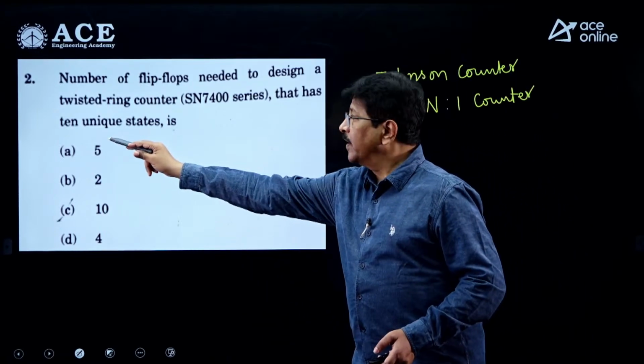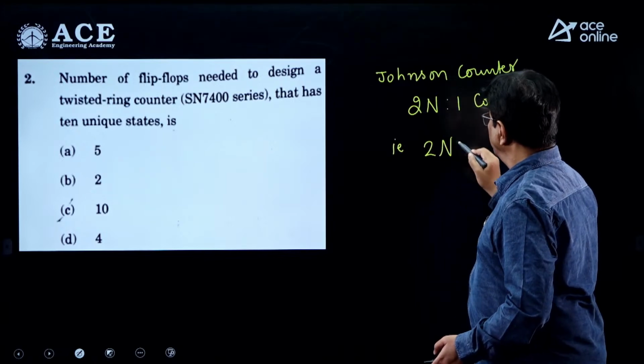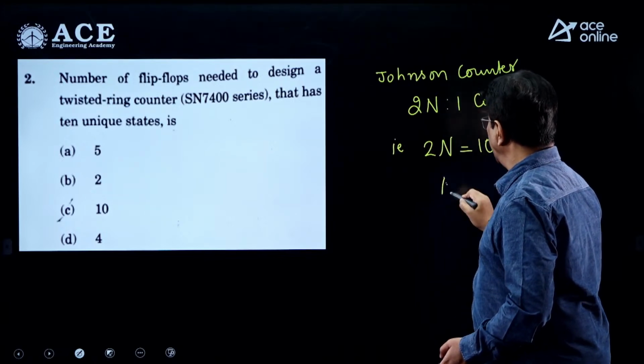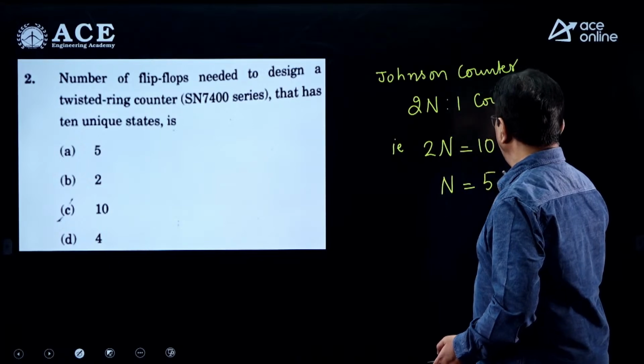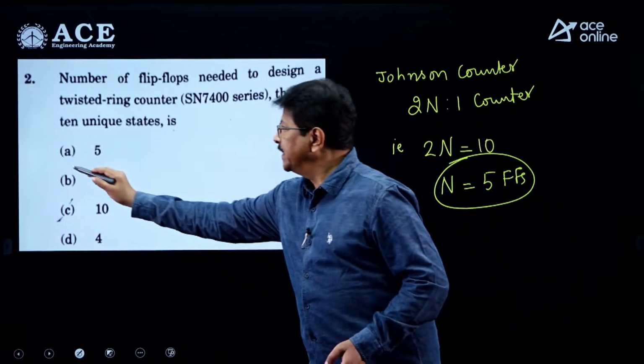So he has given that the number of states is 10, that is 2n equal to 10, which means n equal to 5 flip-flops. So the option for this is A.